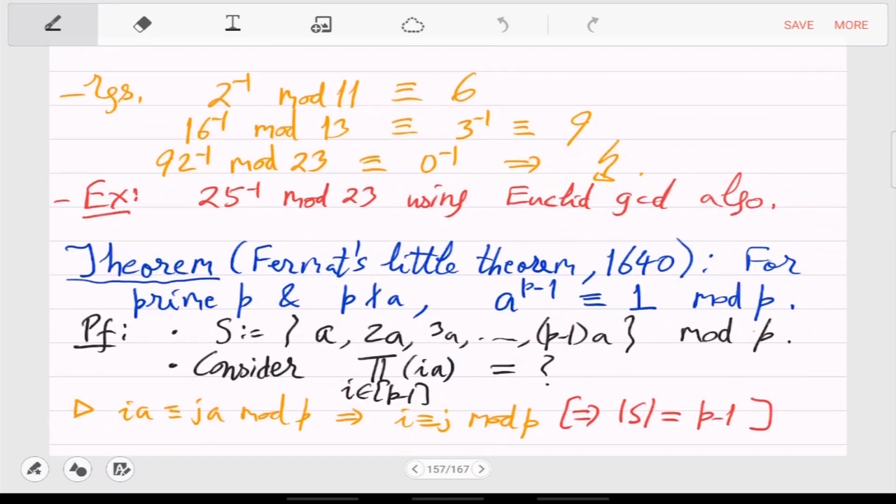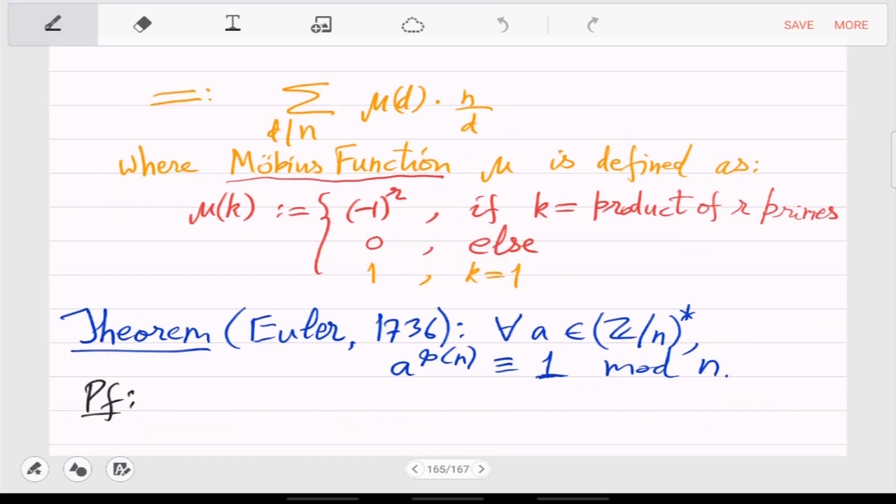We started with this set, which is basically scaling by a of all numbers. So what will be the analogous set now? Sorry? Zn star, yeah. So now instead of going over all the numbers, here also we went over 1 to p minus 1, that is Zp star. Now you go over Zn star, which will work all the time for any n.